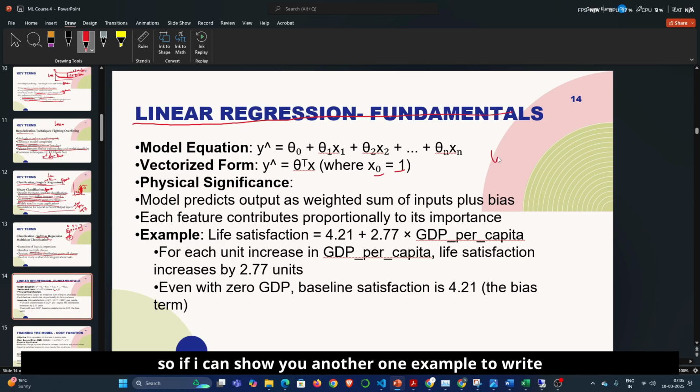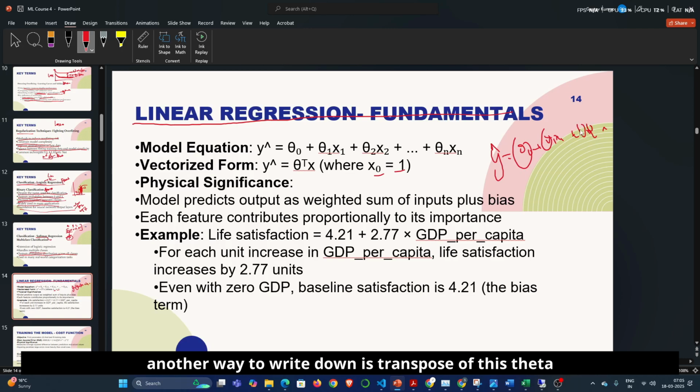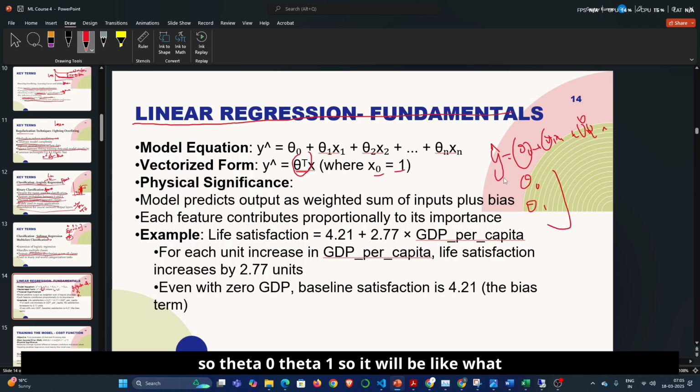Another example of writing this equation: theta 0, theta 1, x1, theta 2, x2. These are the bias and weights. Another way to write it is the transpose of this theta: theta 0, theta 1. So it will be like what?